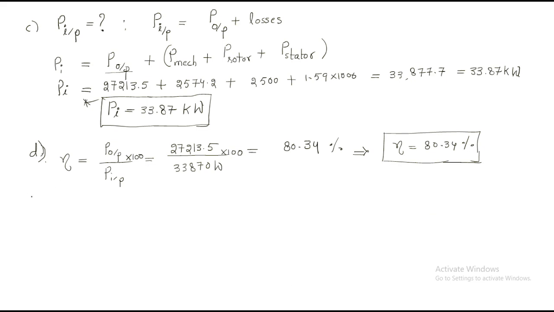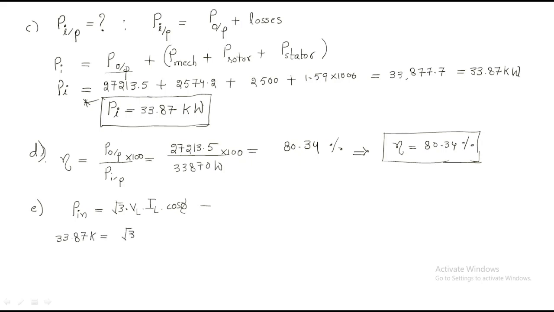Next question is E, the line current. To get the line current, first we look at the input power. Input power equals √3 times line voltage times line current times power factor. We already found the input power, 33.87 kilowatts.